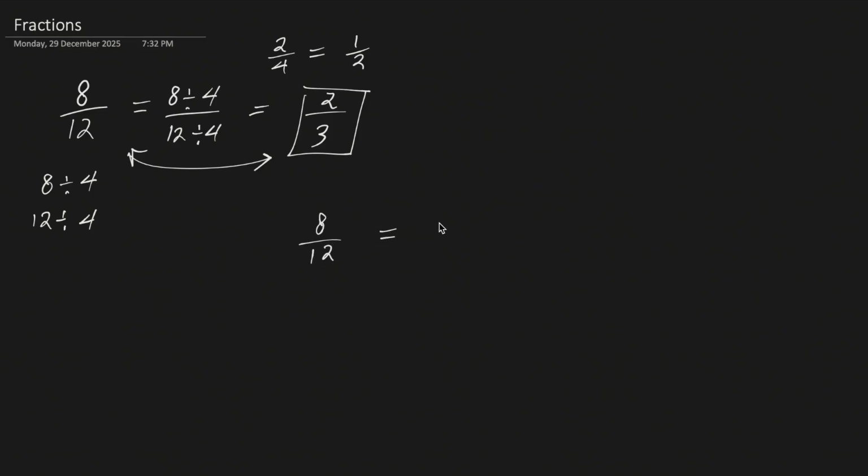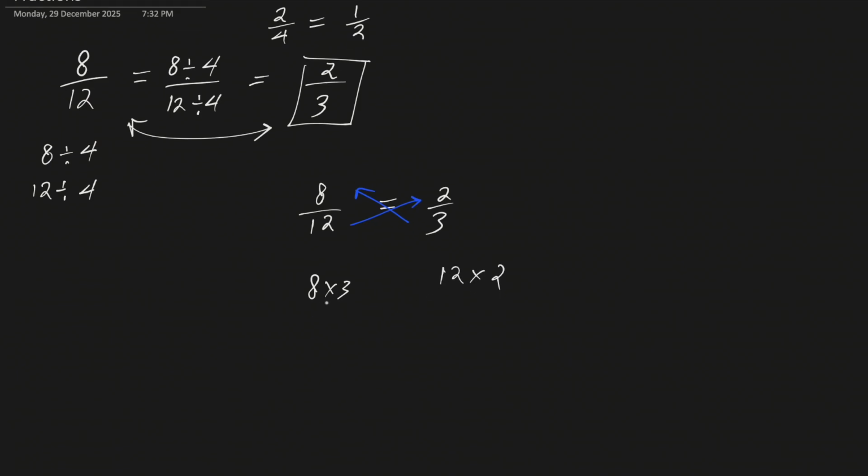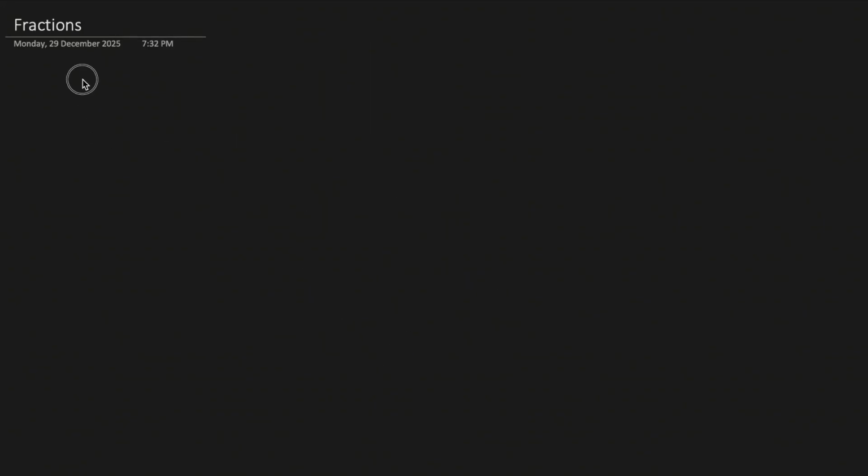If these two are equal, we can just cross multiply both sides, and we get 8 times 3 on the left hand side and 12 times 2 on the right hand side. So 8 times 3 gives us 24, and 12 times 2 is also 24, so they are indeed equal fractions.